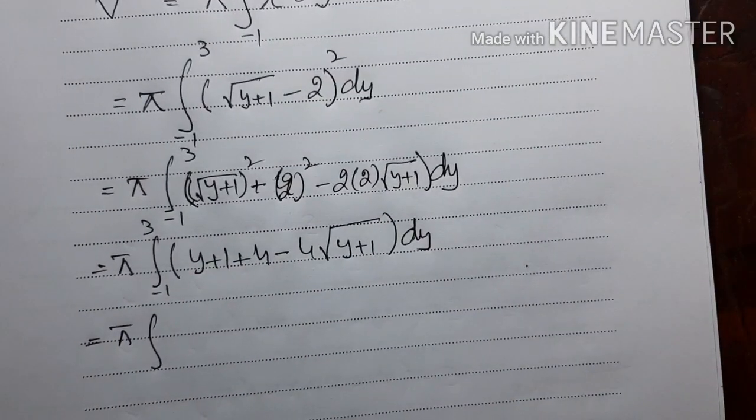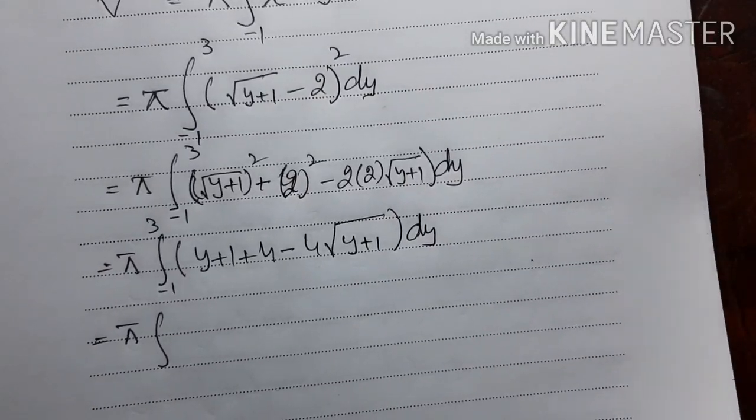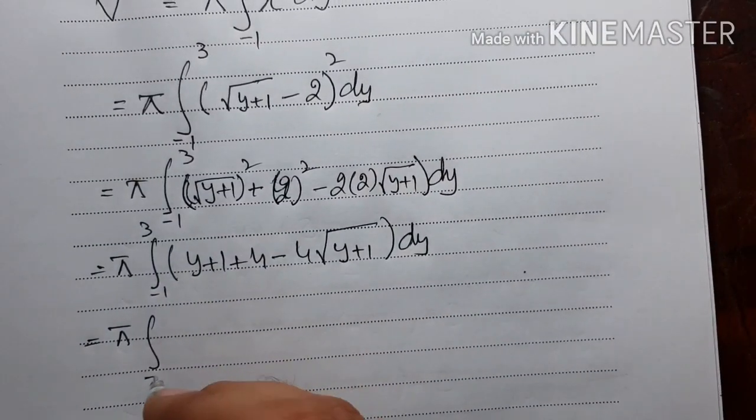So this can be written as π ∫ from -1 to 3 of (y + 5 - 4(y + 1)^(1/2)) dy. I can use the next page because this is the last part.